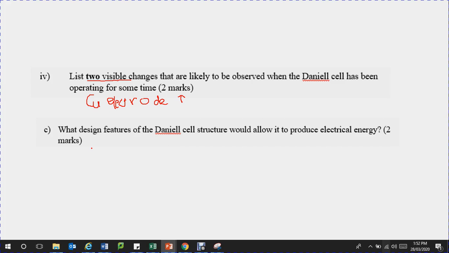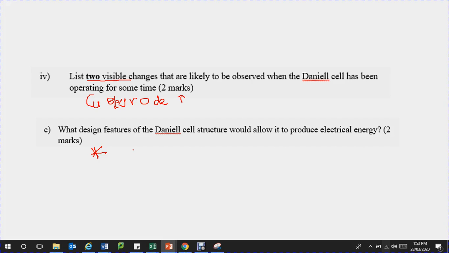So the features of the Daniell cell that allow it to produce the electrical energy is we need the half cells separated. We can't have the oxidizing agent and the reducing agent in contact with each other. So they're in two separate beakers. They're not coming into contact. That means that the electrons are forced to flow along the wire.